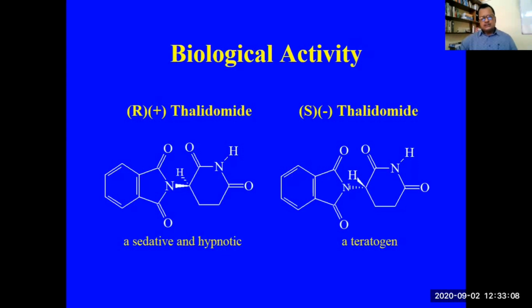So enantiomers, though they have different configuration and different ability to rotate plane polarized light, also have different biological activity. That means both R plus and S minus thalidomide do not have the same biological activity when administered to the human body.